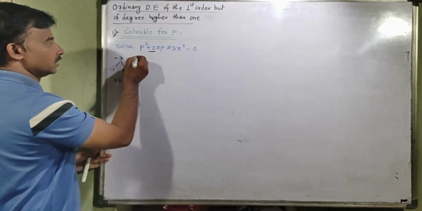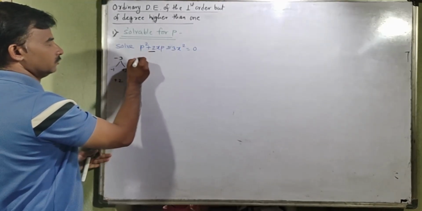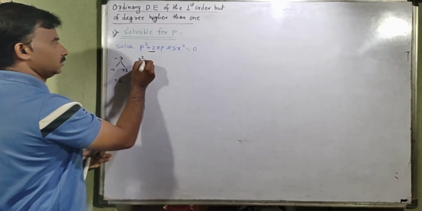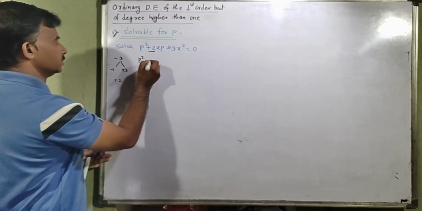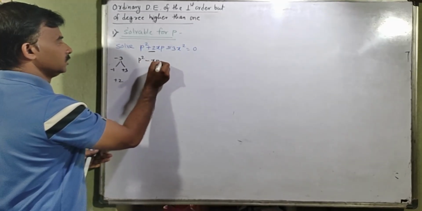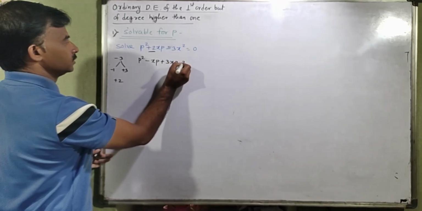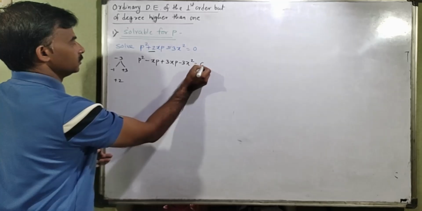And according to that, I'm taking factors here: p square minus xp plus 3xp minus 3x square is equal to 0.